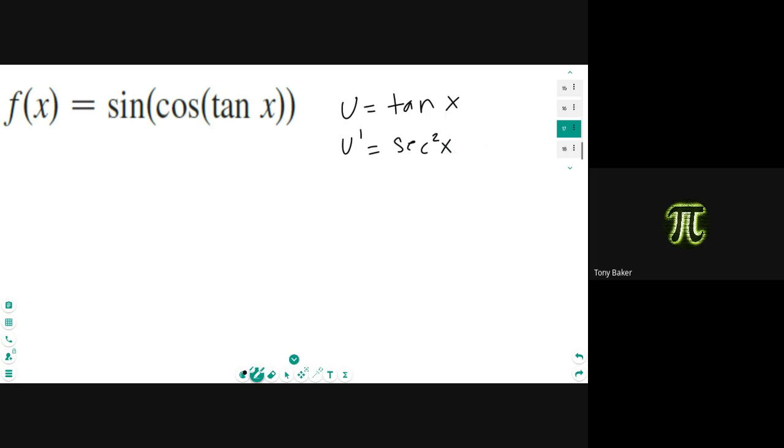So we've got secant squared of x. Now that would make f of u cosine of u, right? What's f prime of u?